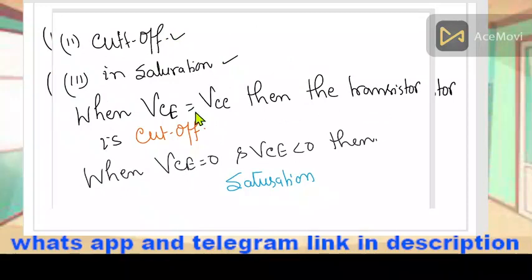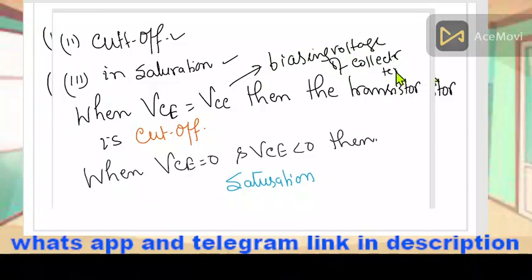Now, when VCE is equal to VCC, VCC means the biasing voltage at collector terminal. This is the DC voltage used to reverse bias the collector base junction. You must remember this.